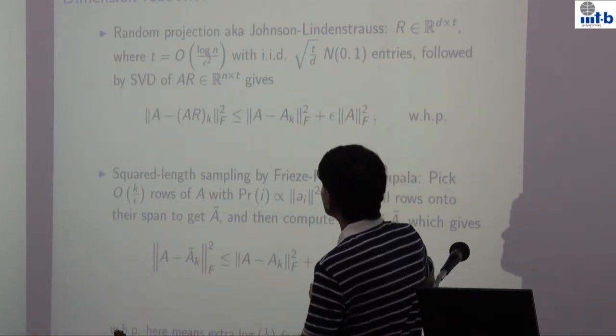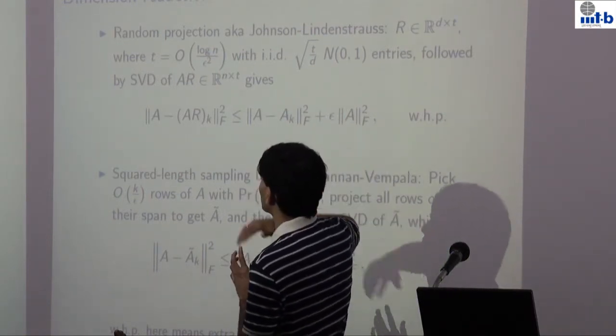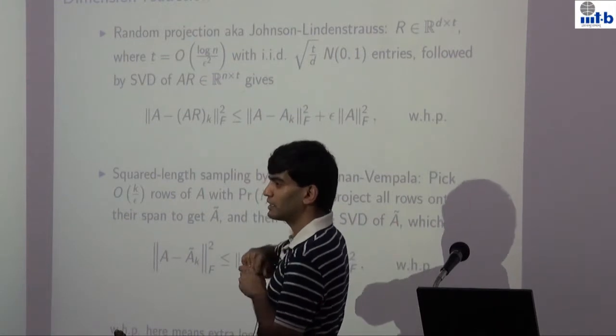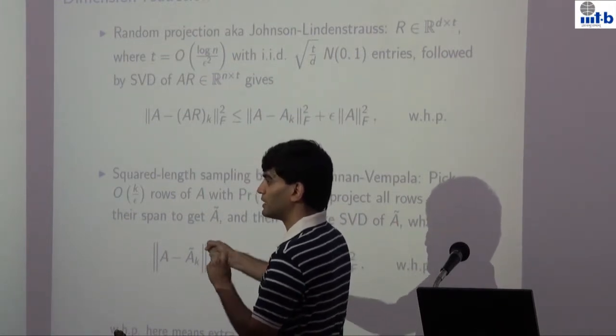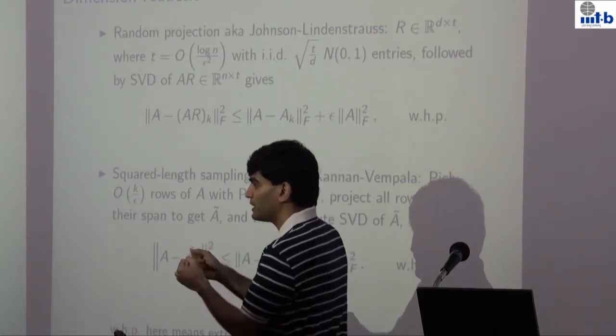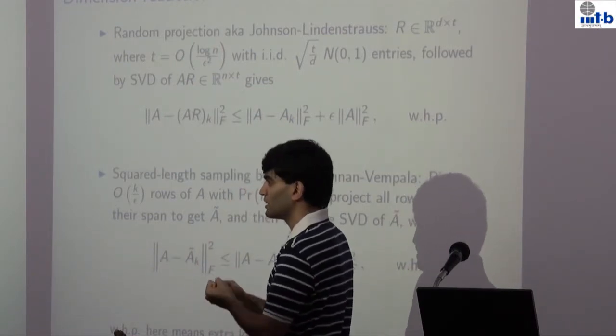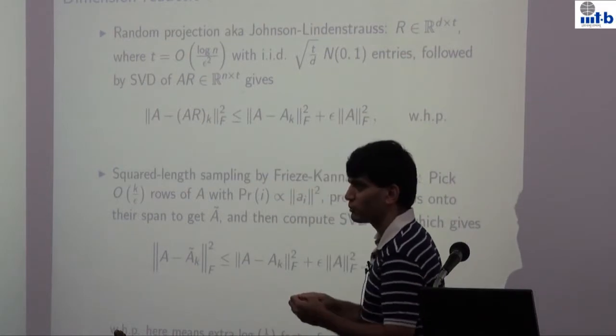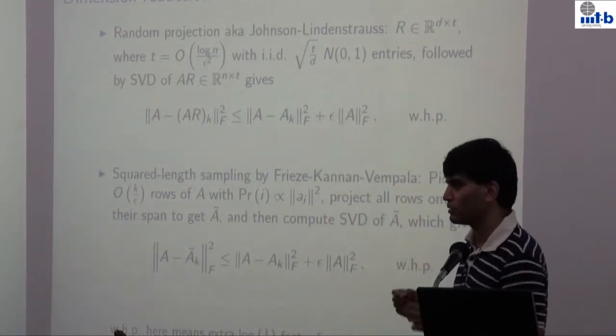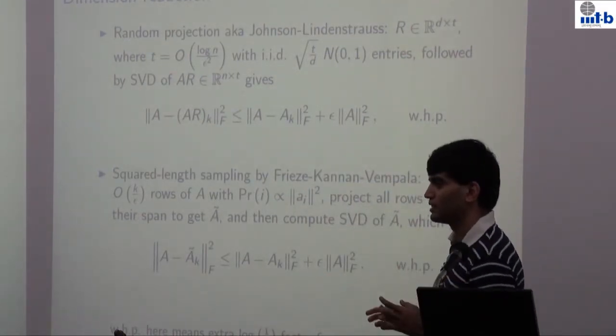Instead of computing the rank k approximation for an n by d matrix, some n by t for some smaller t, if we could do this, then the computation time would come down from nd squared to n times t squared.